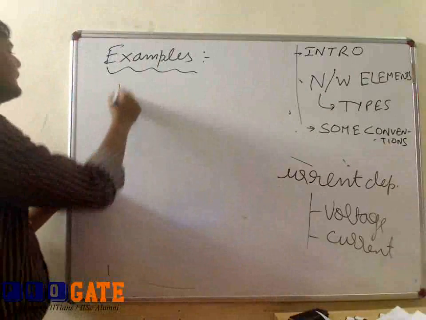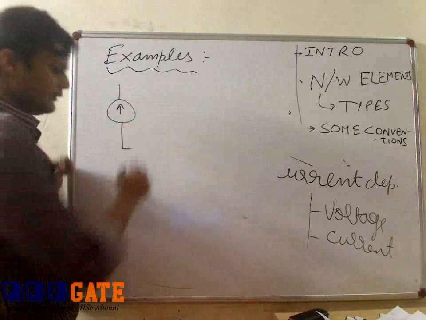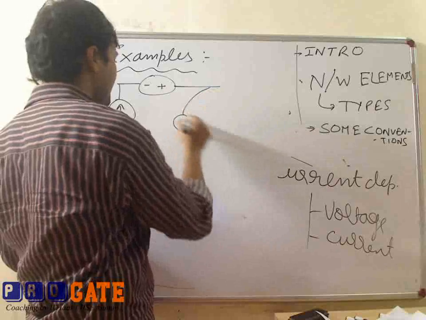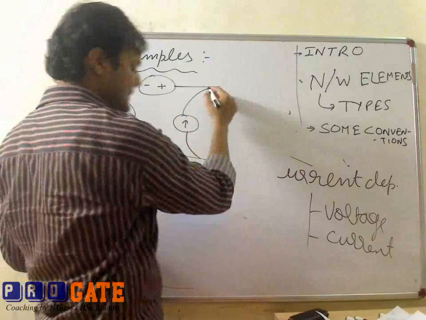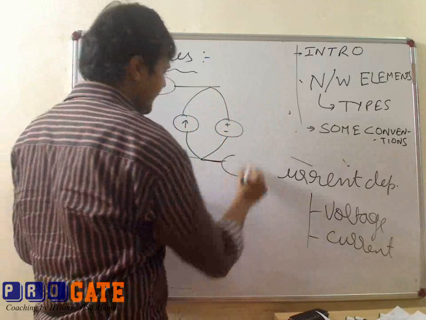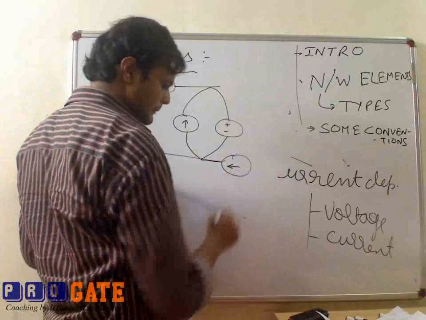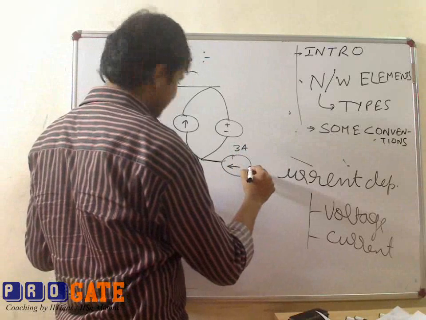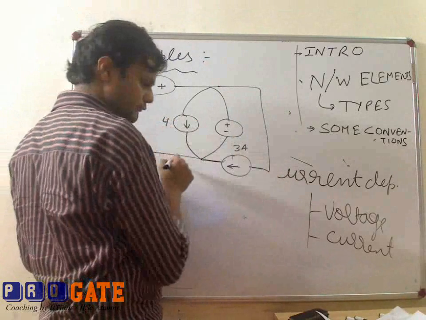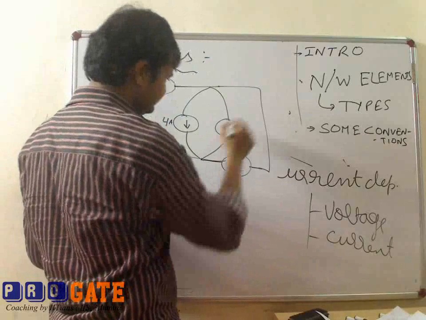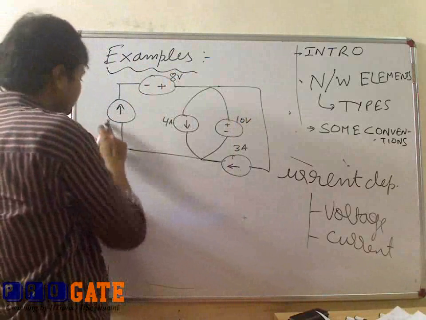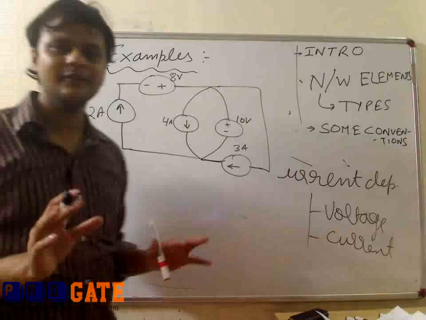So now I am taking a simple example. This is some simple interconnection of ideal voltage sources.